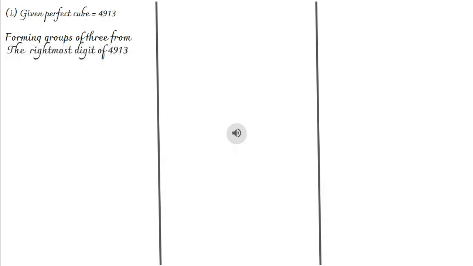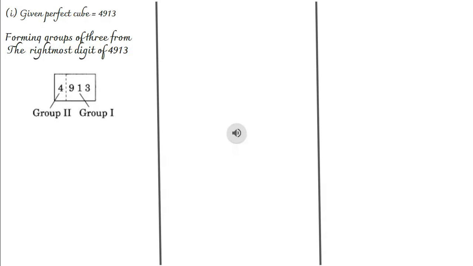Now see the second number, the given perfect cube 4913. We make groups from right side to left. The first group is 913 and group 2 is 4. First see the unit place of the first group, 913.